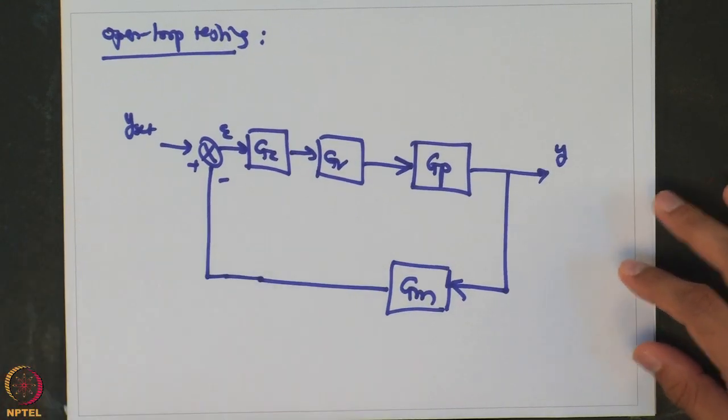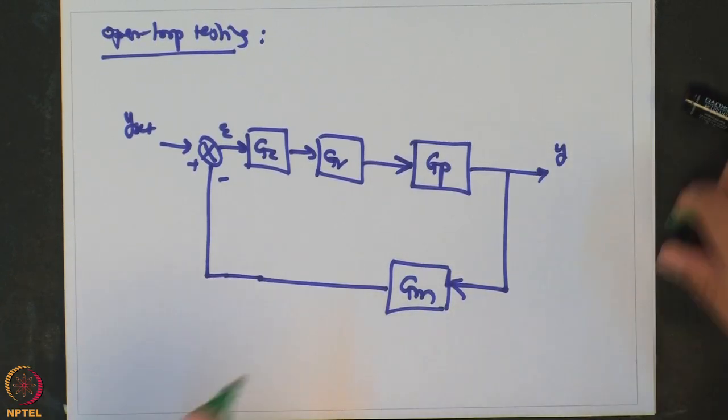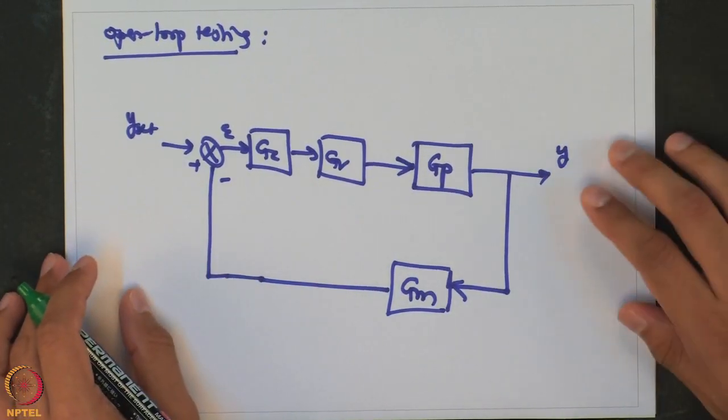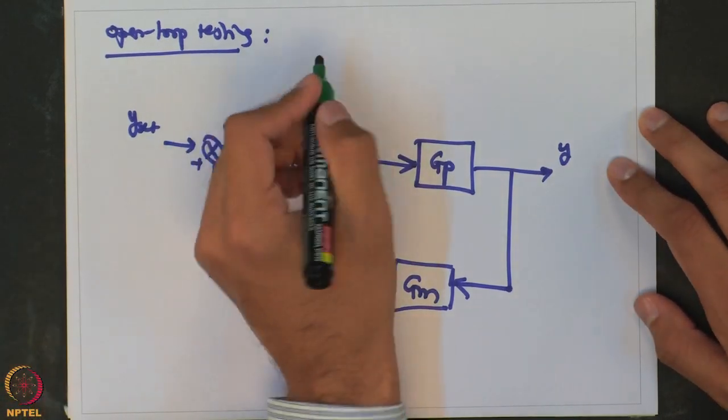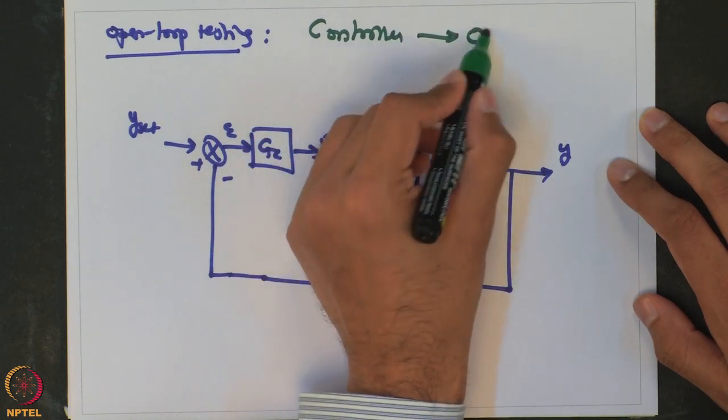The way you do it is, whenever you see the panel board of a controller, the controller is turned off.